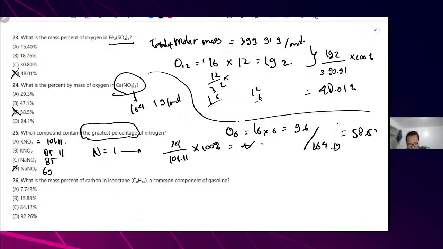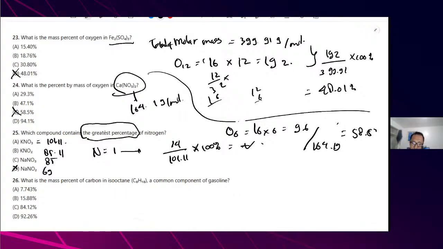If we want to know which one has the lowest nitrogen percentage, what we need to choose is the highest molar mass. Yes, that's true. So the first one is the lowest percentage of nitrogen.